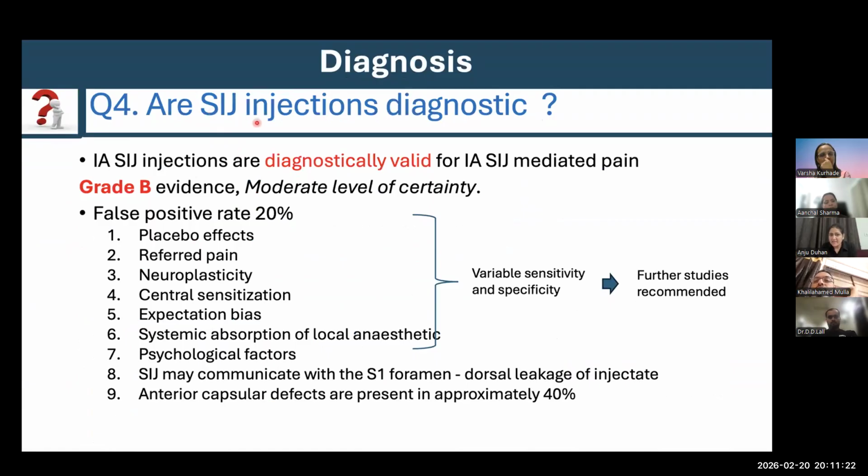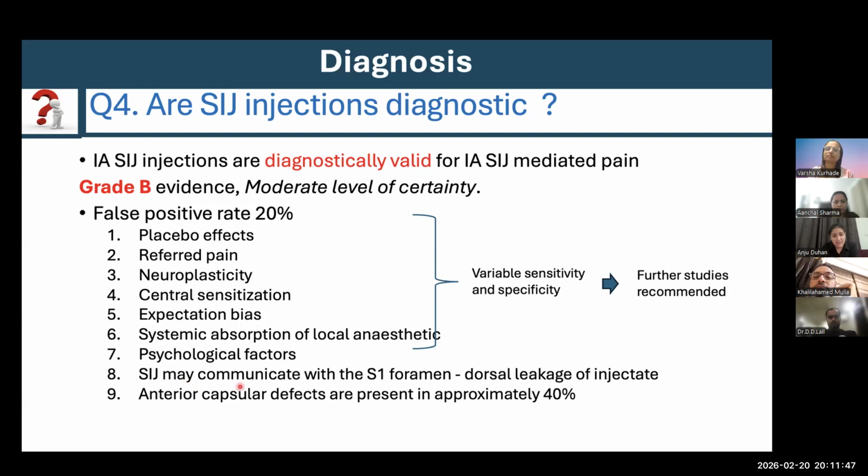Are SIJ injections diagnostic? Yes, they are diagnostically valid for intra-articular SIJ mediated pain. However, multiple factors can affect the sensitivity and specificity of these tests, including the placebo effects, referred pain, neuroplasticity, central sensitization, expectation bias, systemic absorption of local anesthetics, and psychological factors.